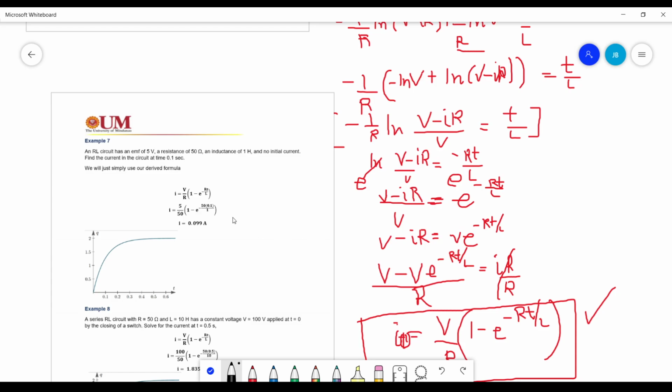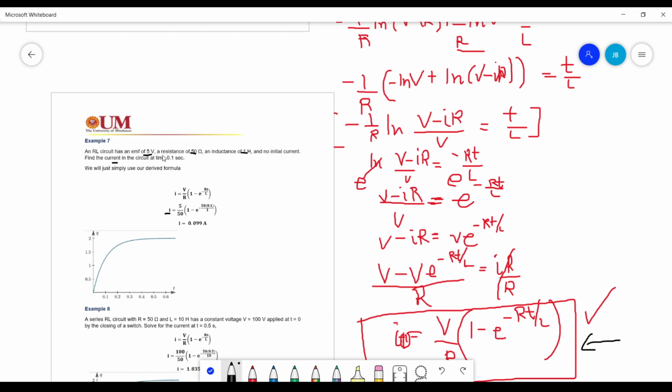You need to derive and then substitute the equation. Pero if you have not yet derived, you can again use the Kirchoff's law and substitute all the given numbers here. Okay, but since we already derived, let's just use it. So what's the unknown? Find the current in the circuit. So you are going to find I at time 0.1 seconds.